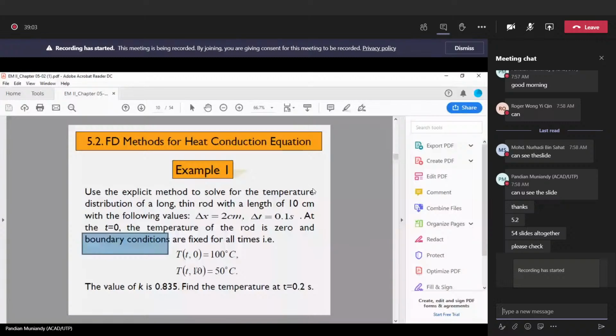So we want to know, of course, the temperature at T 0.2. T 0.2 means the next T, but the next T is 0.1, and the next one is T 0.2.